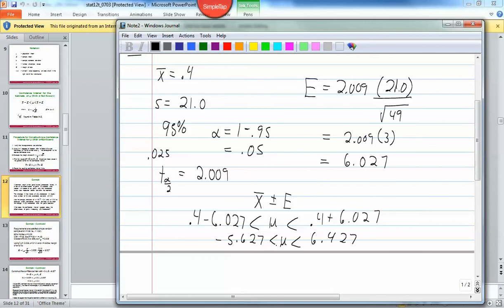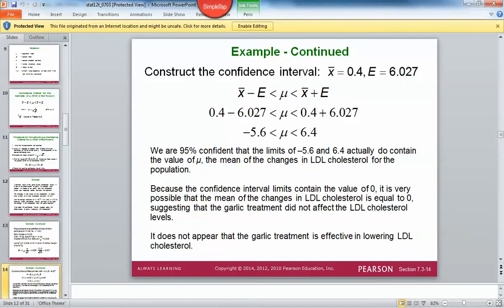The reason why I'm saying that just doesn't seem right is because we're talking about cholesterols, and it doesn't seem like a group would have an average. Maybe that's an average change or something, so maybe it is correct. Okay, so that was changes in their LDL, so maybe that was okay.